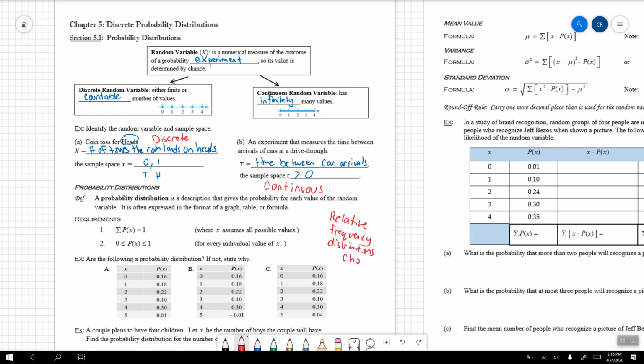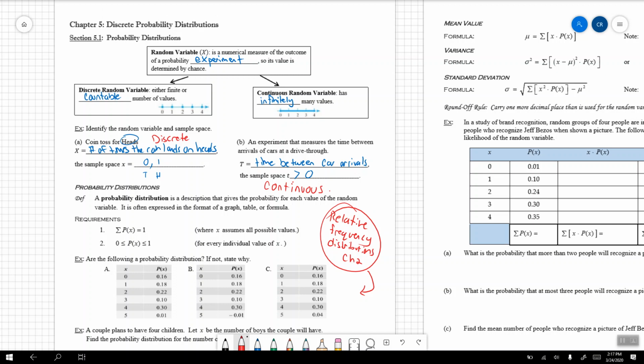And this was from chapter 2. So all of these probability distributions, we've already seen before because we used to know them as relative frequency distributions. We made them in chapter 2 and we made them in chapter 3, which means they should be familiar to us.